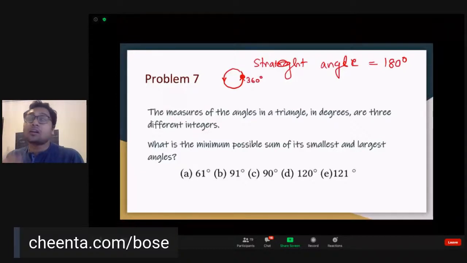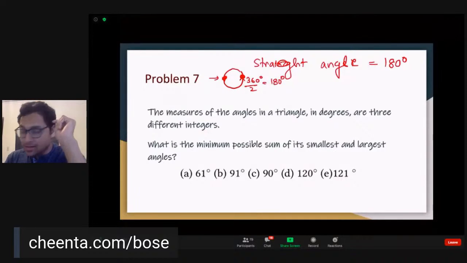If you do a complete revolution, you come back to the same place. If you just want to go halfway, you go 360 by 2, which is 180 degrees. So it's just the opposite side, right?